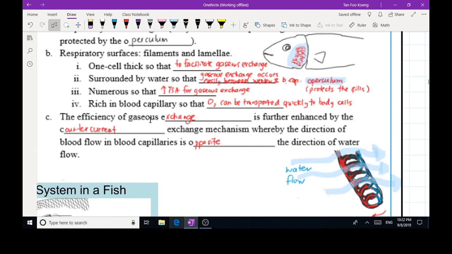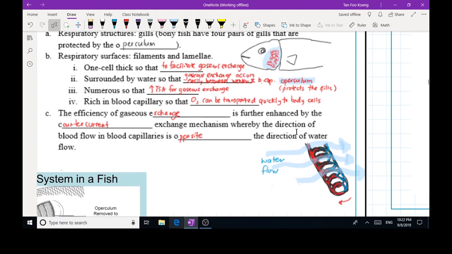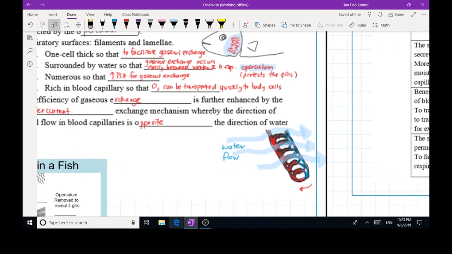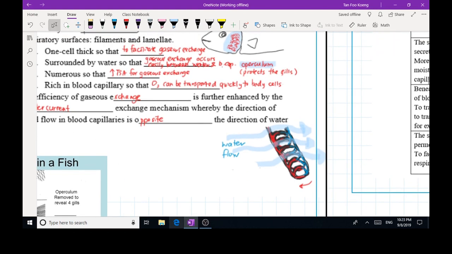The efficiency of gaseous exchange in fish can be further enhanced by the counter current exchange mechanism. This is a specific term: counter current exchange mechanism. In this mechanism, the direction of the blood flow in the blood capillary has to be opposite to the direction of the water flow. Let this one be the direction of the water flow, and this must be the vein.